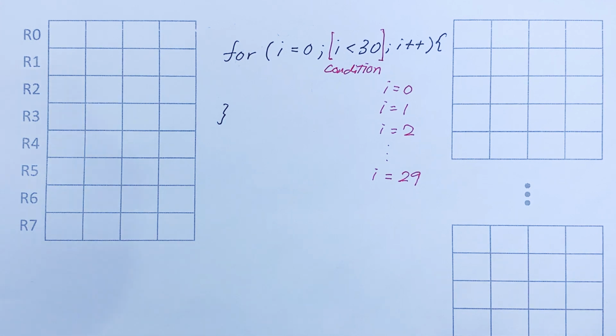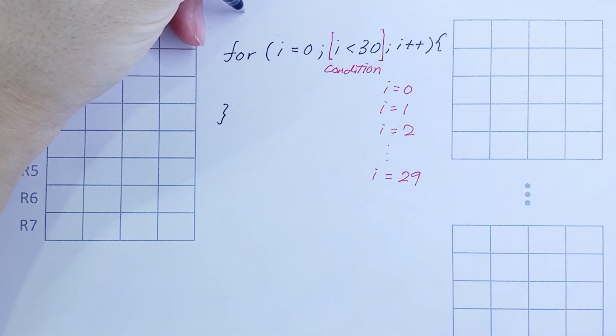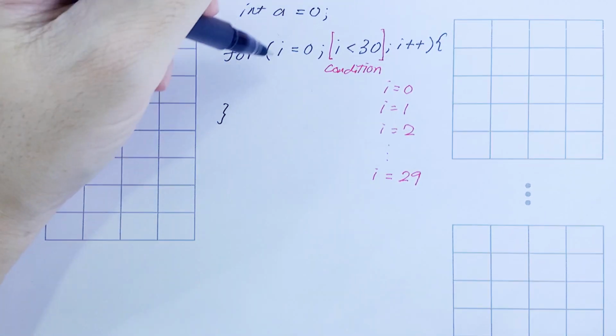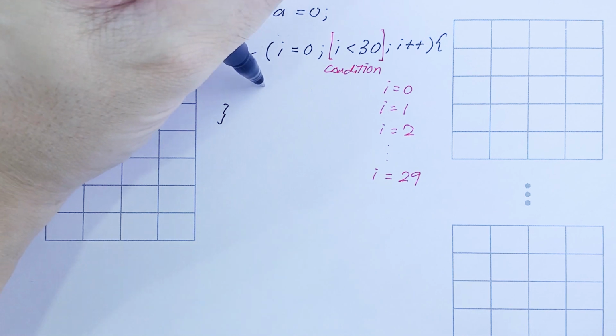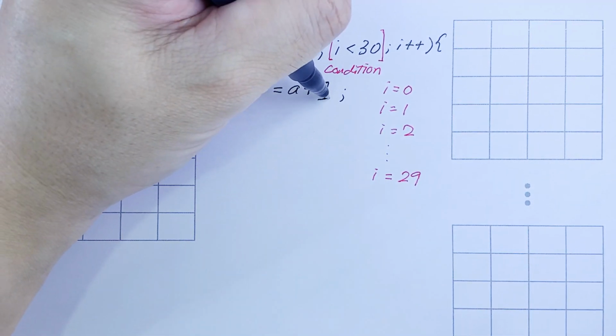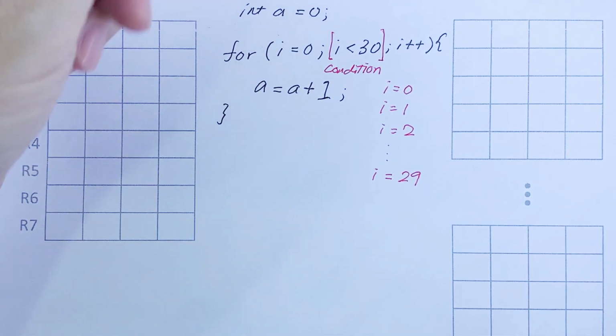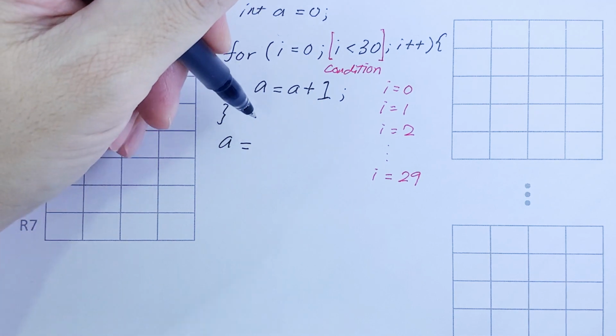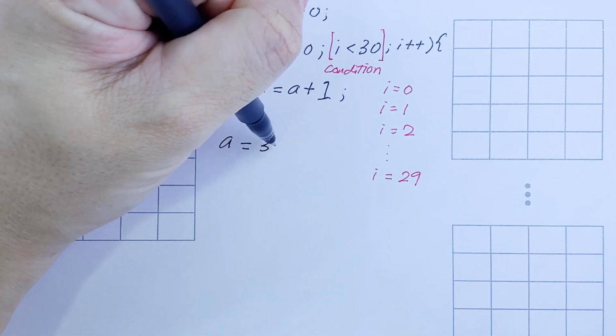So let's say we have a value A that starts with 0, and we do a for loop, and every time we're going to increase A by 1. By the end of this loop, A will become 30.